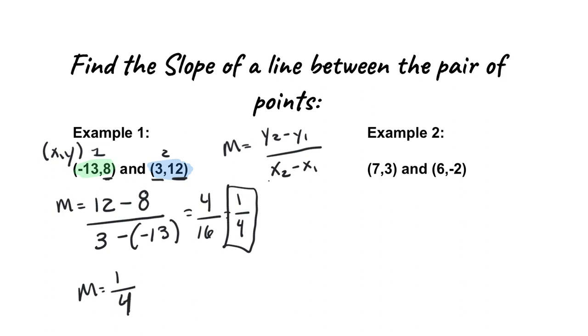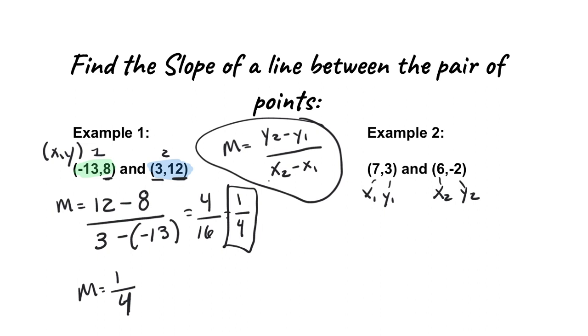Okay, same with the second example. So you can even go x1, y1, x2, y2. Write it here so you know which one is which. We're going to use this slope formula again.